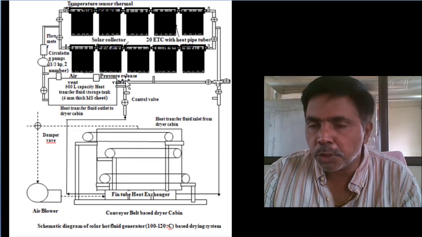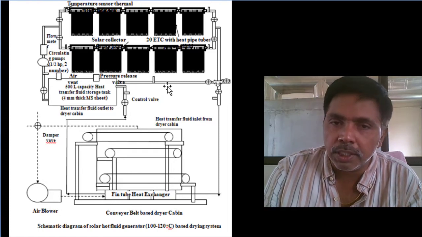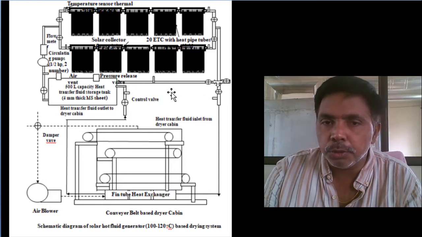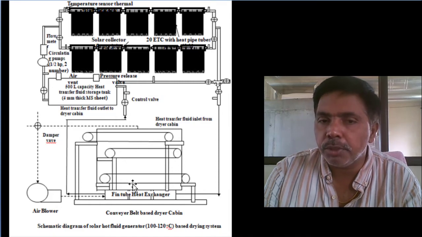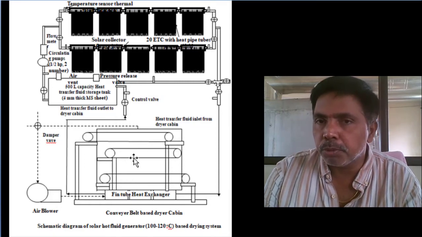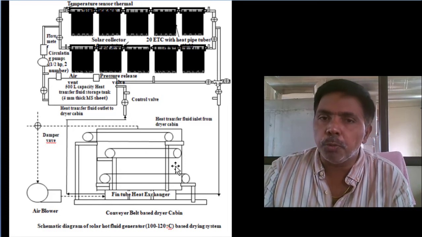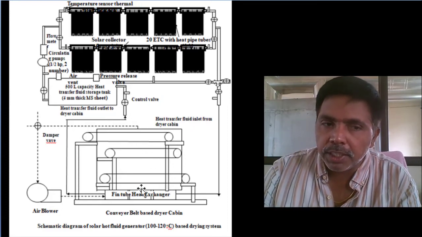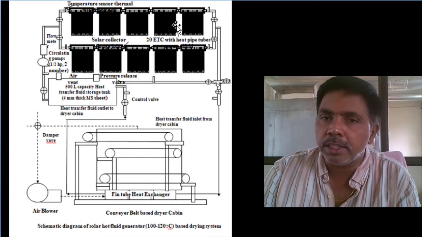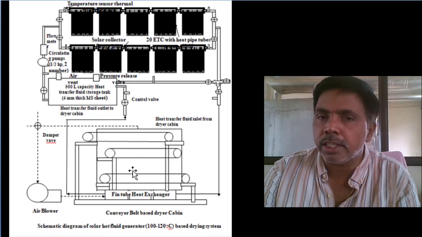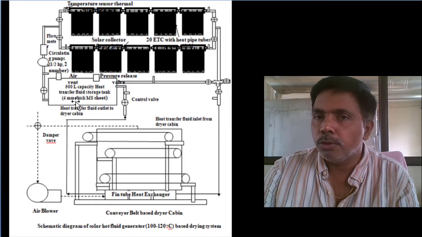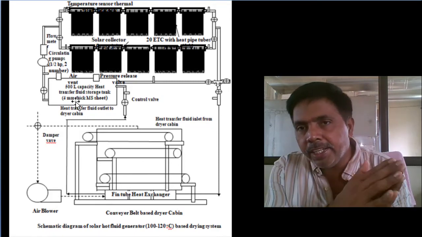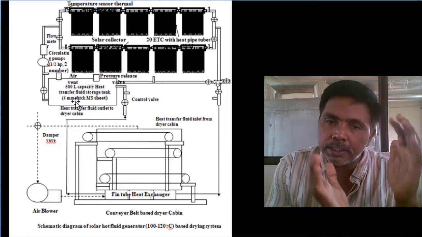Whenever surface moisture is there, automatically this oil is directly circulated to the dryer cabin, and heat removal takes place by the circulation of the air. If I want to remove bonded moisture, then the same air we can recirculate in the dryer cabin. At that time hot fluid is not entering the dryer cabin, it directly goes to the storage tank. So separation of heating and drying is done in this one.